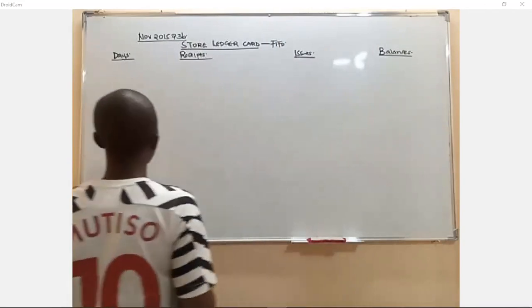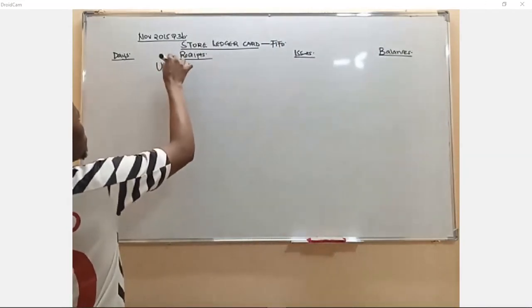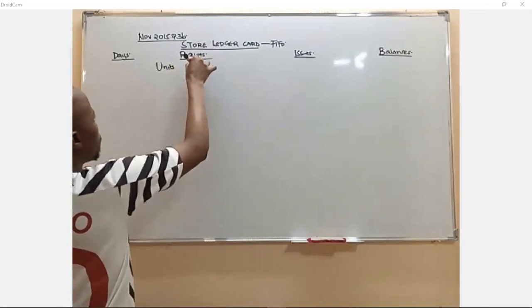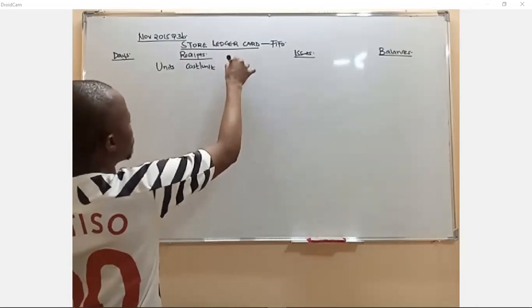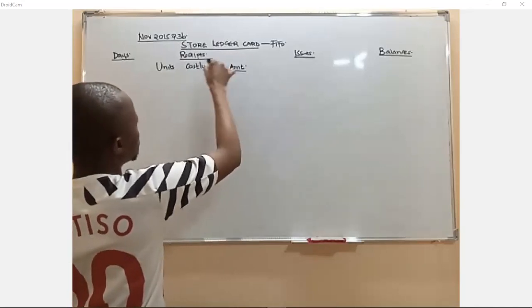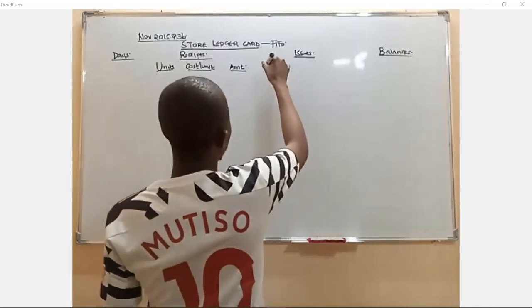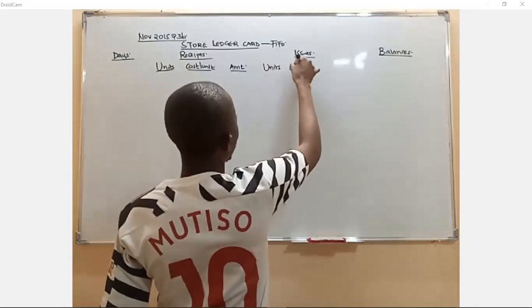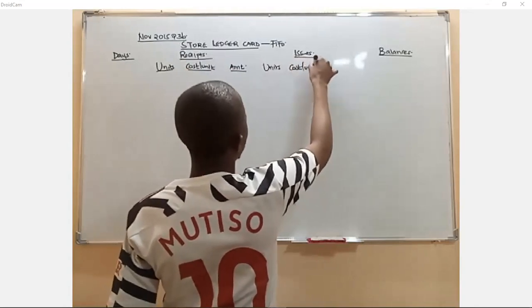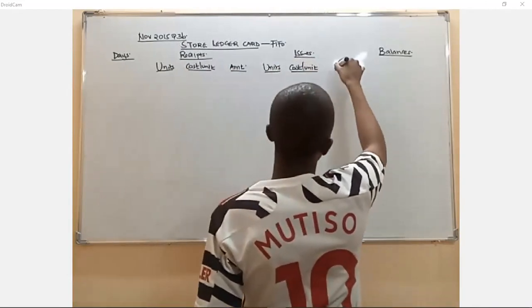So what do we normally record under the receipts? You normally record units, cost per unit, and then amount. Something looking like that. Also on the issue side, you normally record units, cost per unit, and then we have amount.